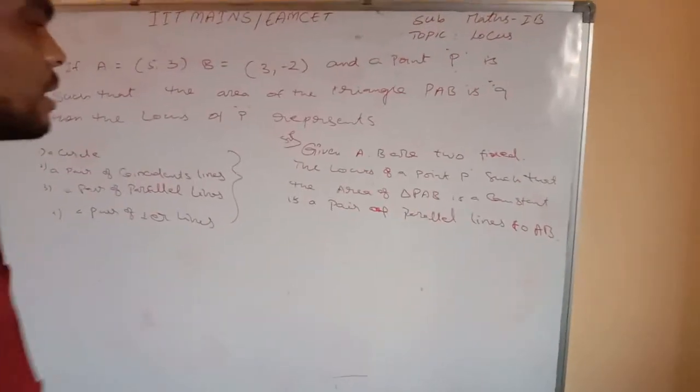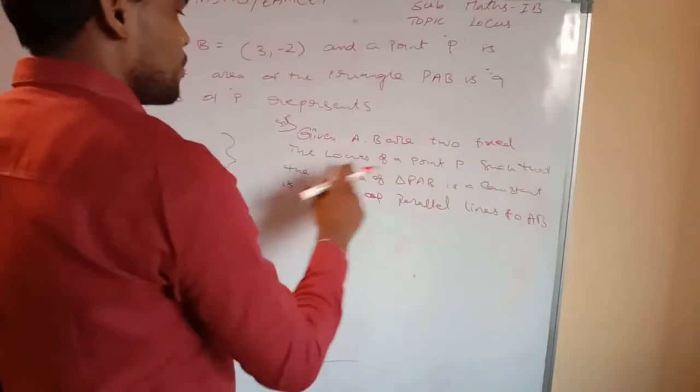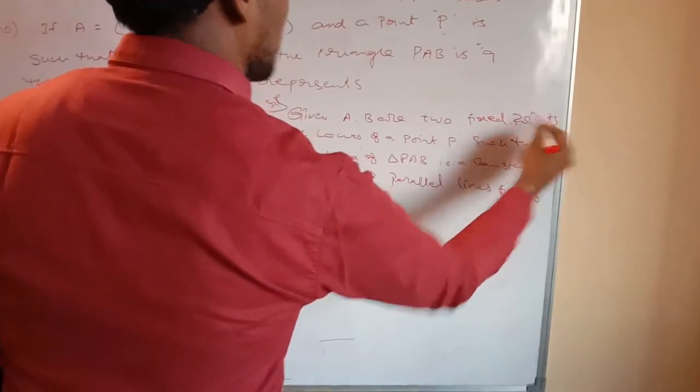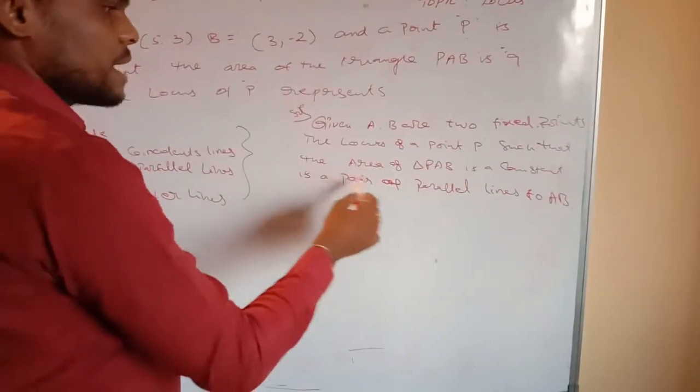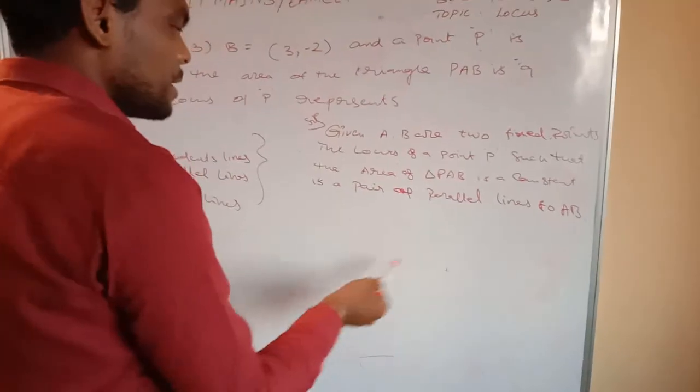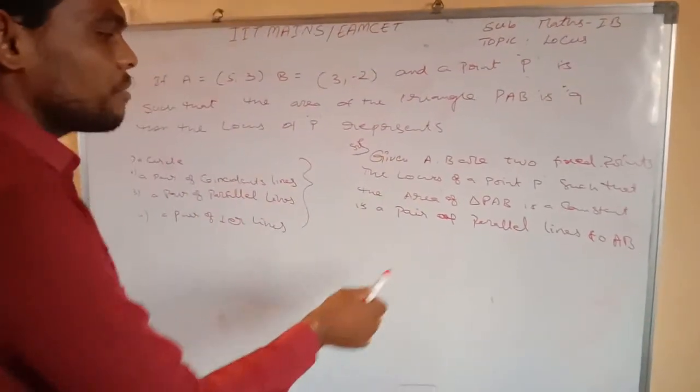I repeat, given A and B are two fixed points, the locus of a point P such that the area of the triangle PAB is constant is a pair of parallel lines to AB, and the distance between the pair of parallel lines is 4 delta by AB.